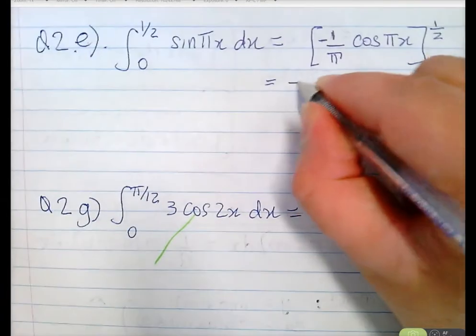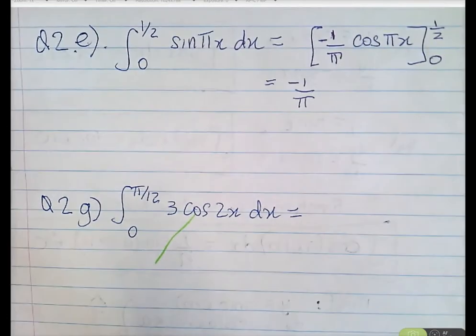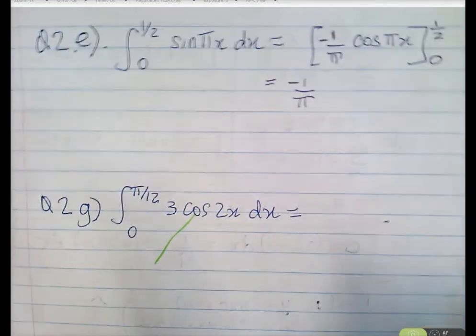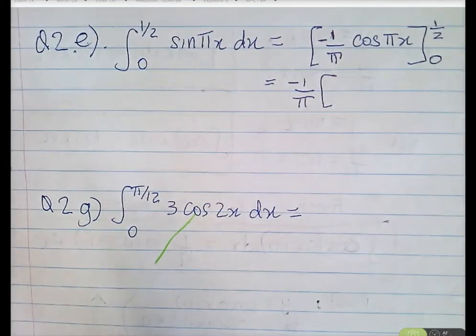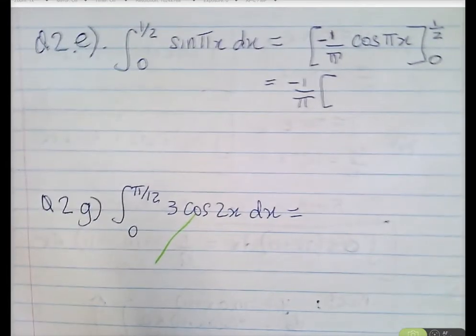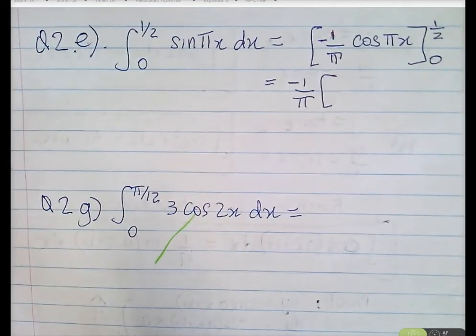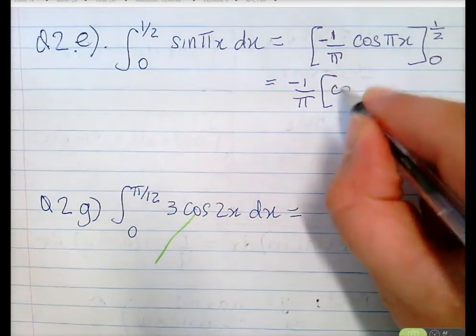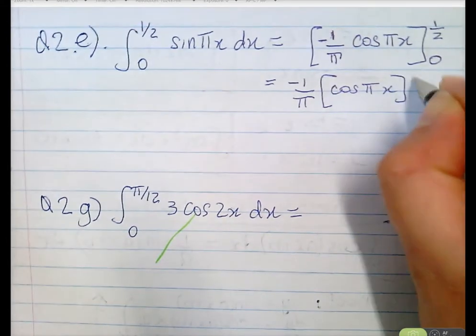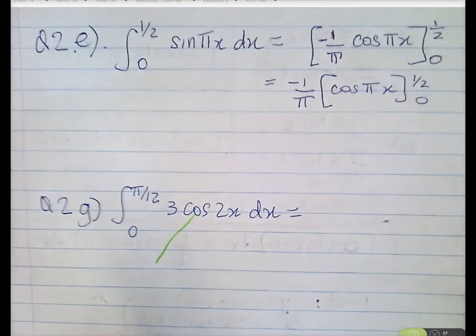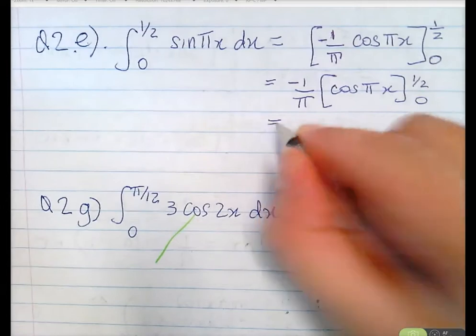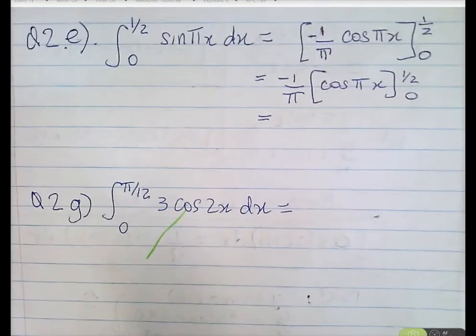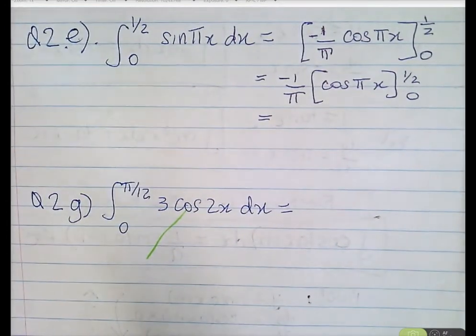I would. I'd pull out the negative 1 on pi to the front. It's not going to be involved in the substitution. Why deal with it twice? Why end up with 3 negatives? I'd pull out the negative 1 on pi to the front, and you do your substitution just on your cos pi x. No plus c, because if you have a plus c, it cancels when you do the minus.